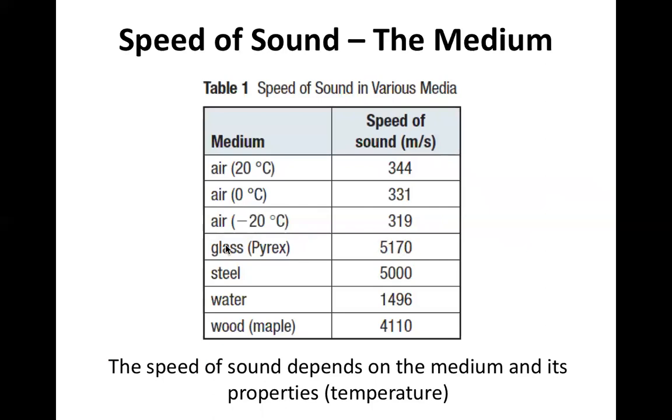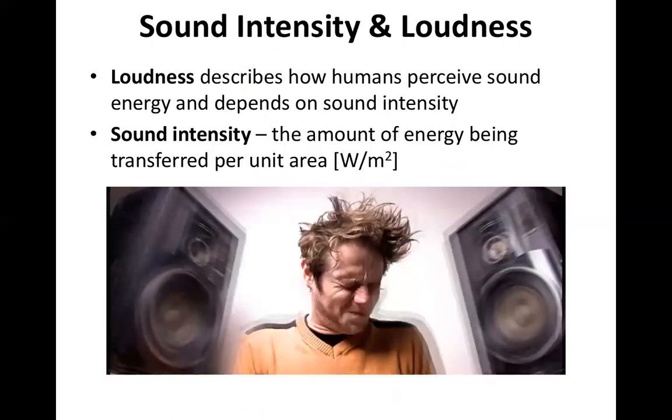If you think back to the first video of this lesson, since there's a higher density, the transfer from one particle to the neighboring particle is faster and more efficient. So that's why we get a greater speed of sound. In general, in all the solids in this table, we have sound traveling faster than in gas. And once again, this is a really important, big concept: the speed of a wave depends on the medium and its properties.